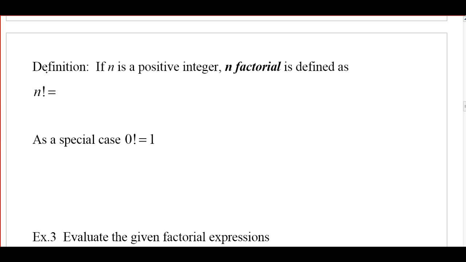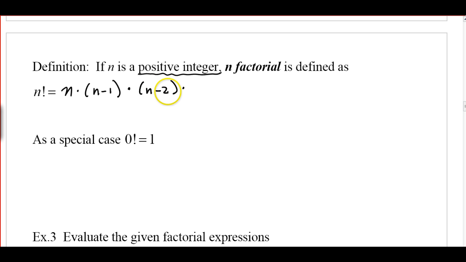So what this says is to take the number n and multiply it by all the positive integers less than it all the way down to 1. So the number that's 1 less than this would be n minus 1. And the number that's 1 less than n minus 1, so n minus 1 minus 1, is n minus 2.